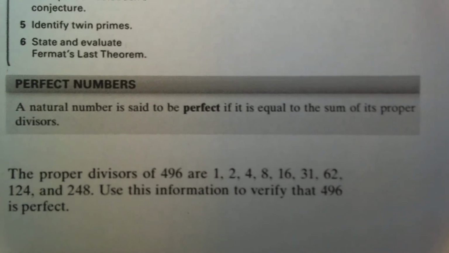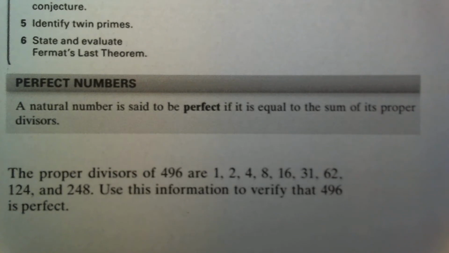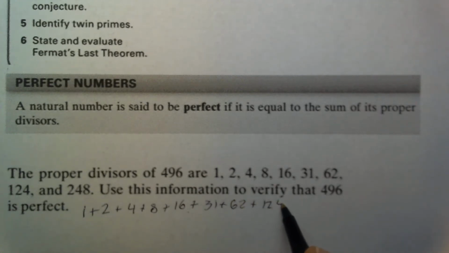So all we have to do is really add up all the proper divisors. So it's 1 plus 2 plus 4 plus 8 plus 16 plus 31 plus 62 plus 124 plus 248.